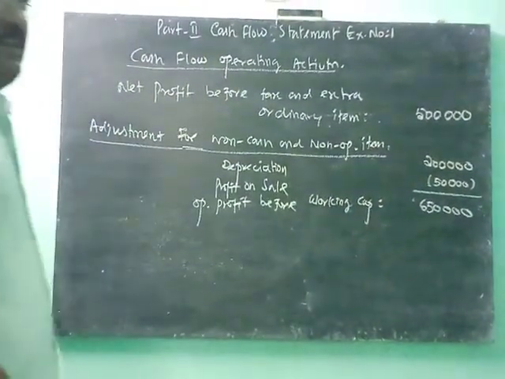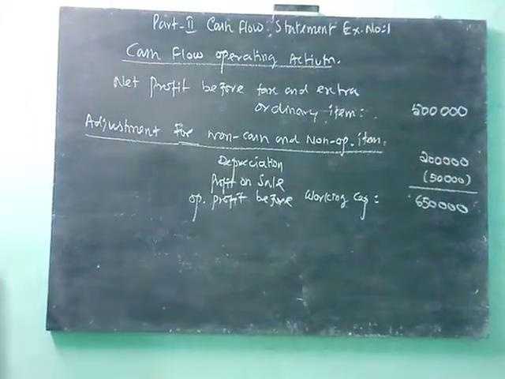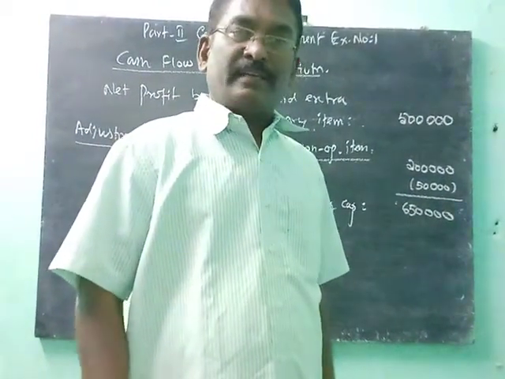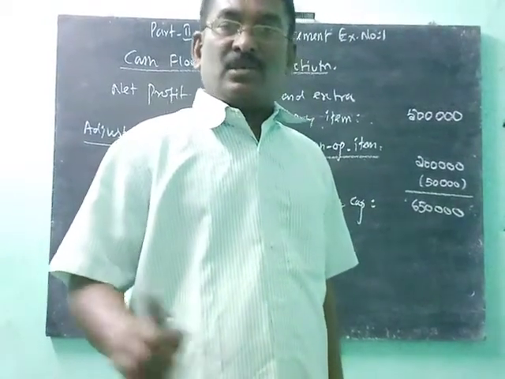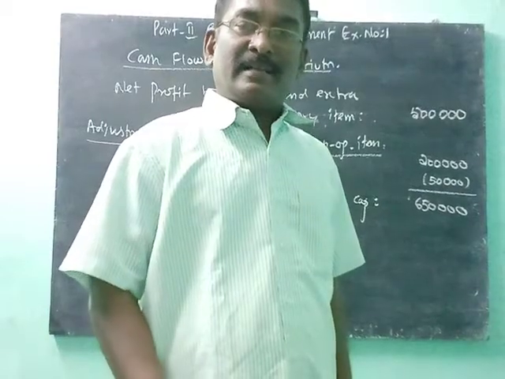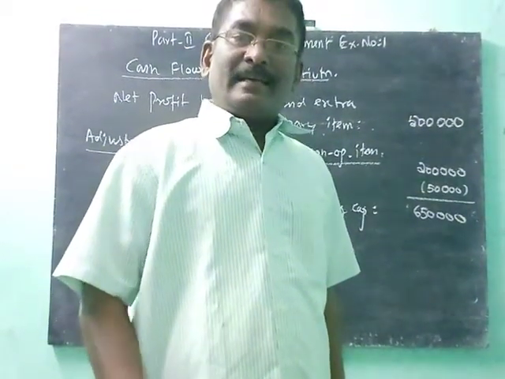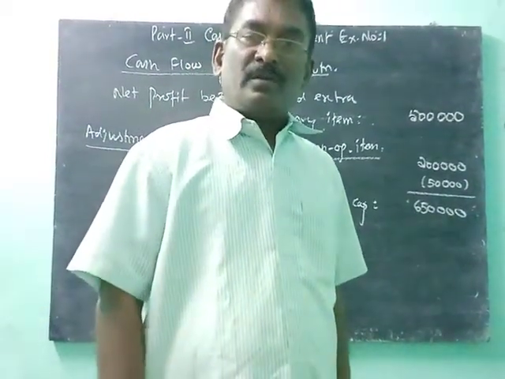Working capital means the difference between current assets and current liabilities. When current assets increase, you bought current assets, that is cash outflow. When current assets decrease, the current assets are sold, cash inflow. When current liability increases, you borrow money from others, cash inflow.